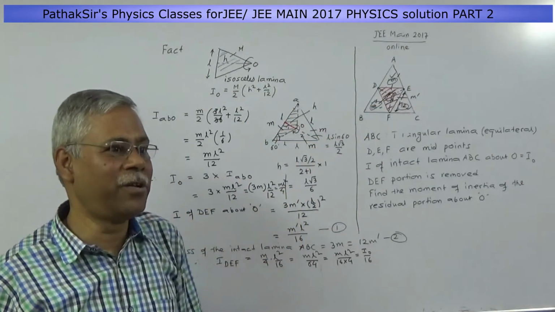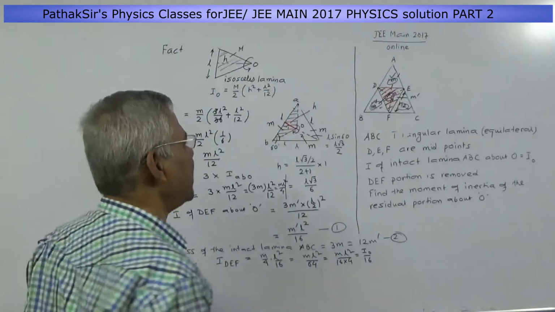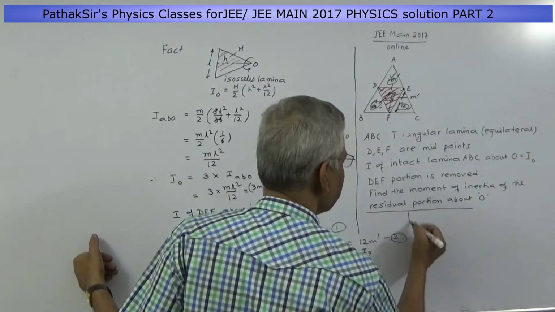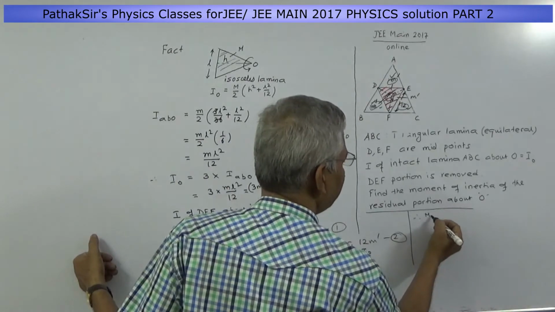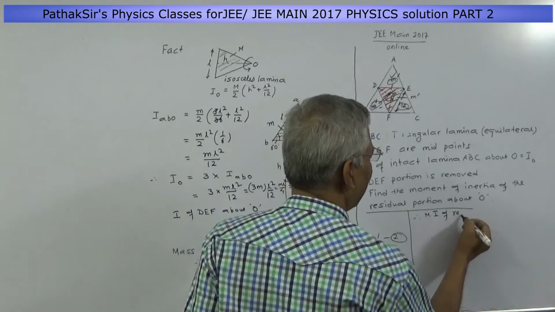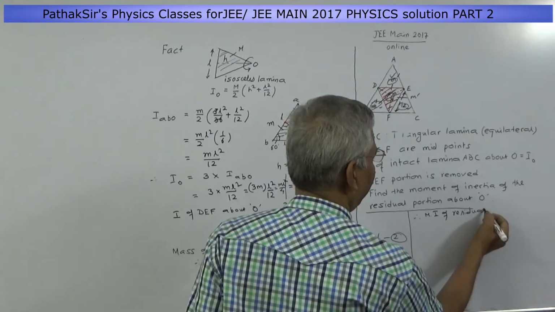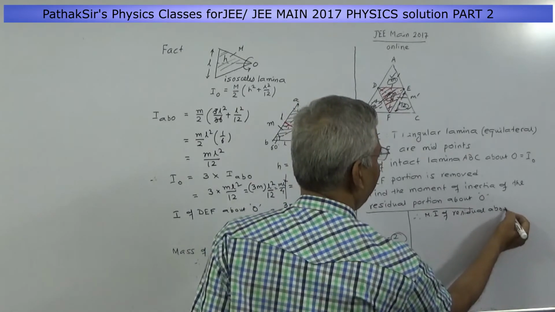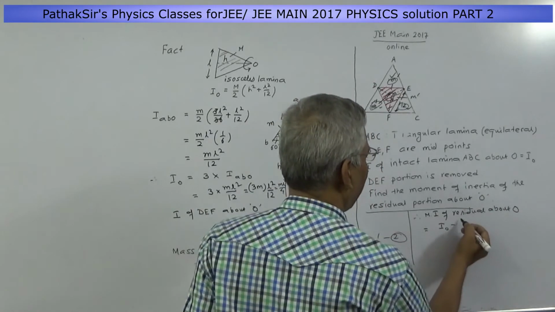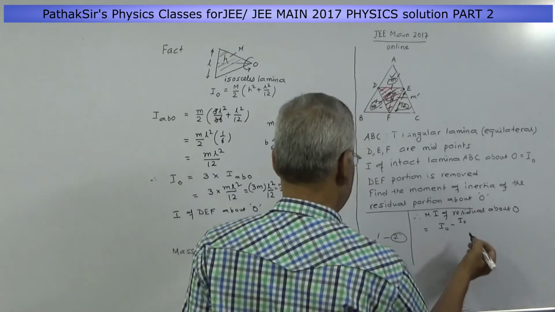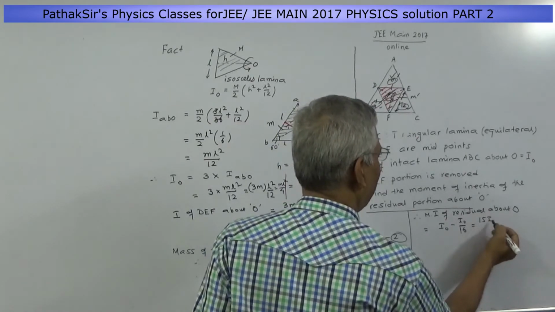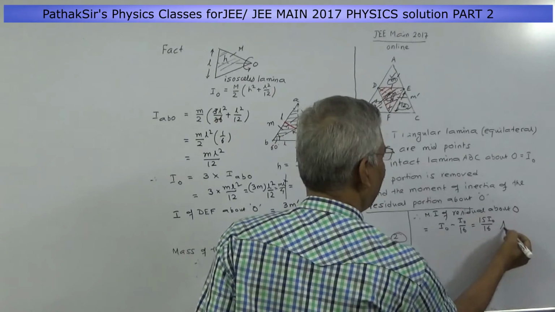You have to find the moment of inertia of the residual. Hence, moment of inertia of residual about O equal to I naught minus I naught by 16, equal to 15 I naught by 16.